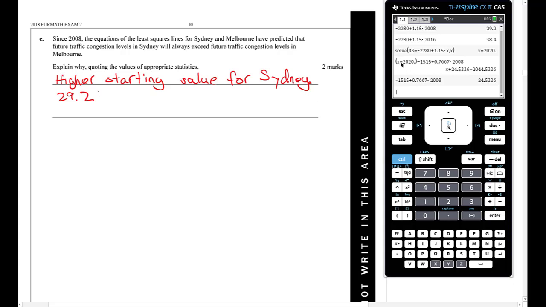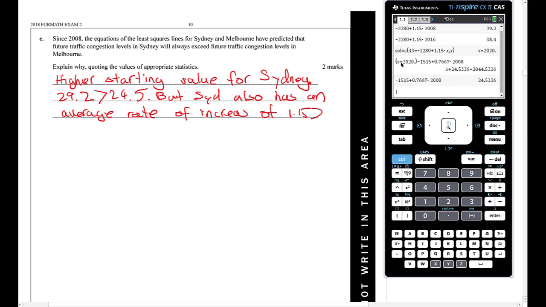Okay, so 29.2 is bigger than 24.5. Now, that in itself is not going to explain it. It just means that Sydney starts higher. But Sydney also has an average rate of increase of 1.15.